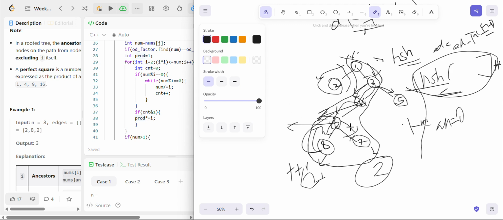Before increasing its value's frequency, we are adding to the answer this value each time. Like here it will be 3, and here 3's count is 1. So for this 6 we have one ancestor whose value is 3, so we are updating the answer as 1 here, because there is one, which is the frequency, right?